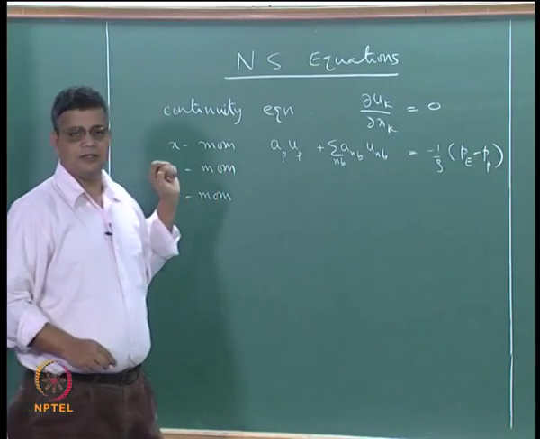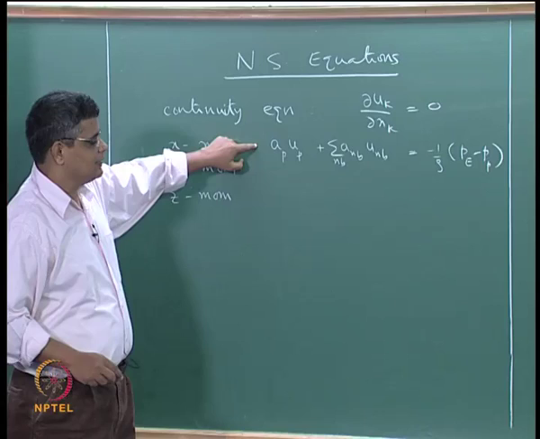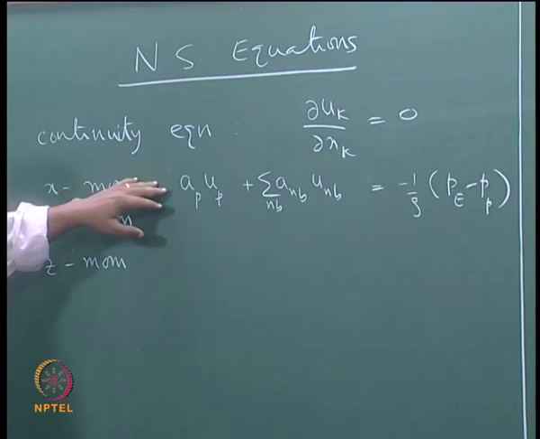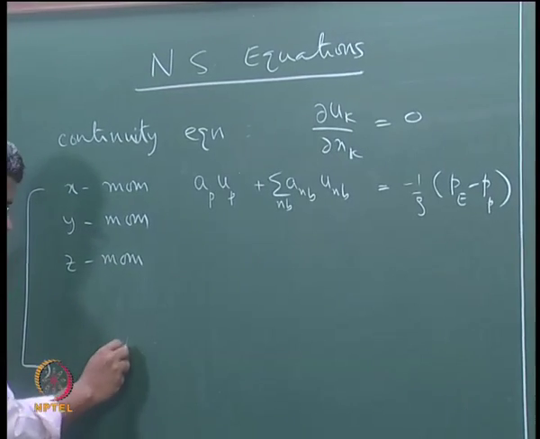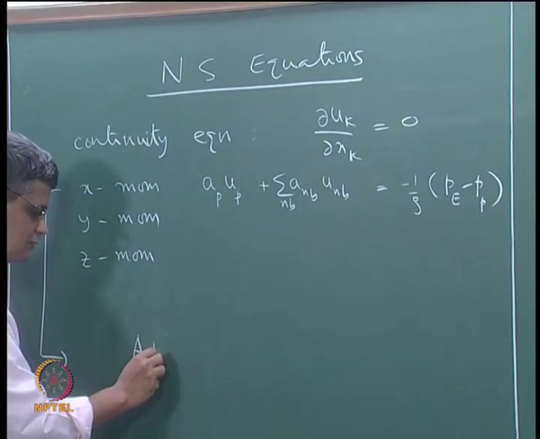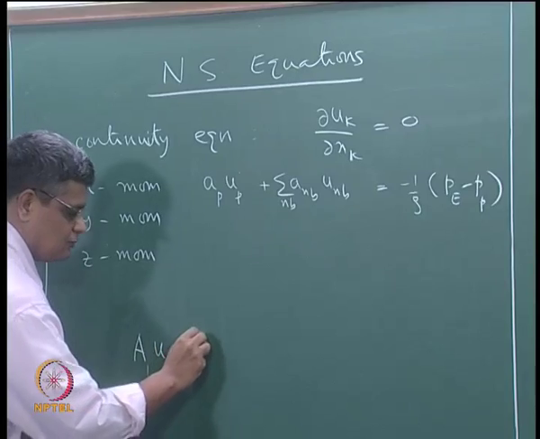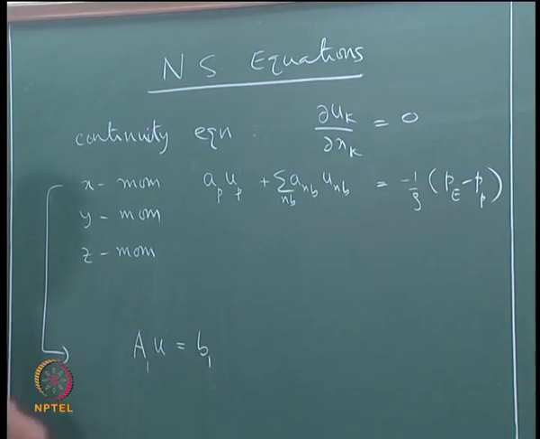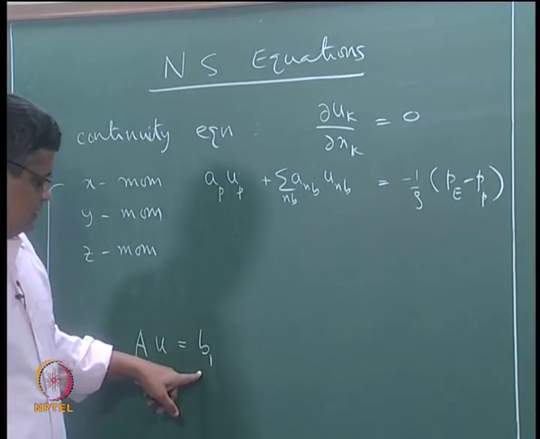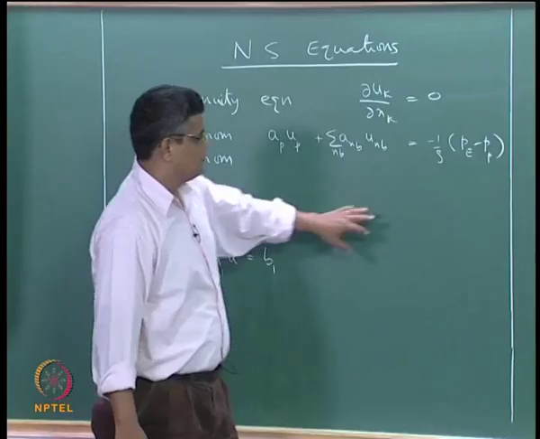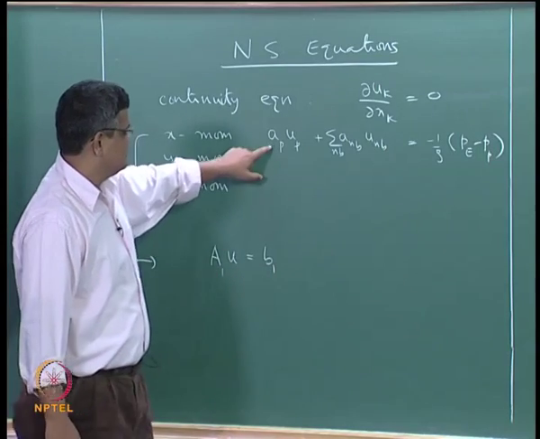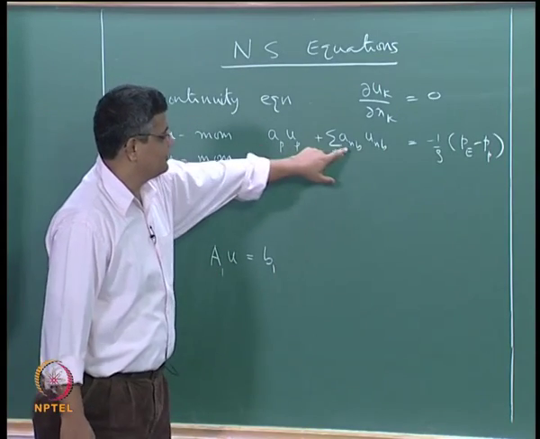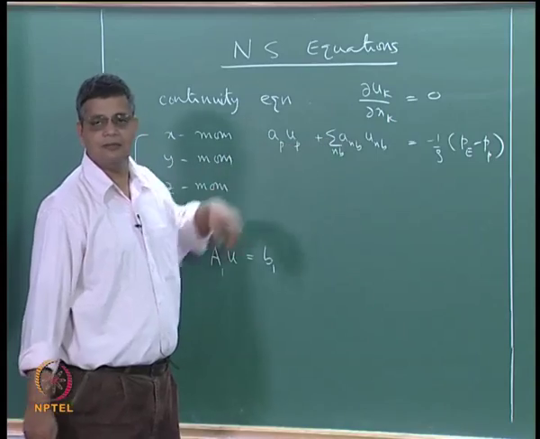for a particular point, and if we write it for all the points, then we can write a corresponding matrix equation A1 u equal to B1, where B1 contains all the terms coming from the pressure gradient terms here, and A1 has the component for this and then the coefficients for the neighboring terms also.